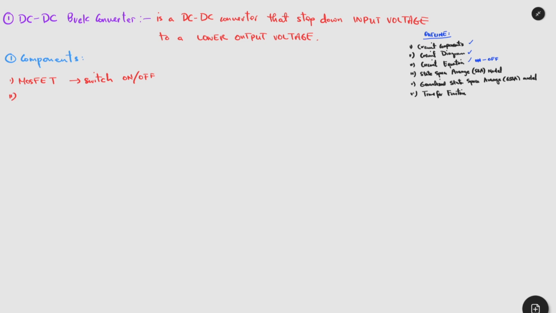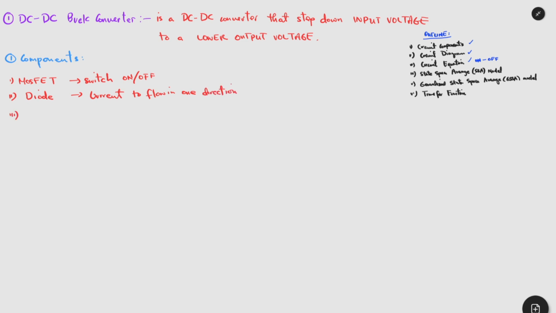Secondly, we need a diode. As we've seen in some of our previous discussions about the diode, its function is to allow current to flow in one direction.